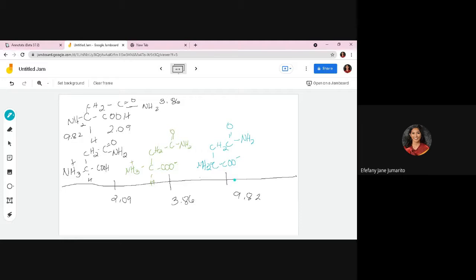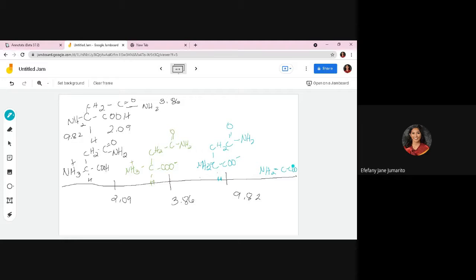Now here, at 9.82, after 9.82, what will happen is the NH2 will be protonated.